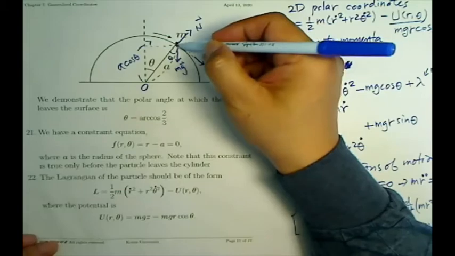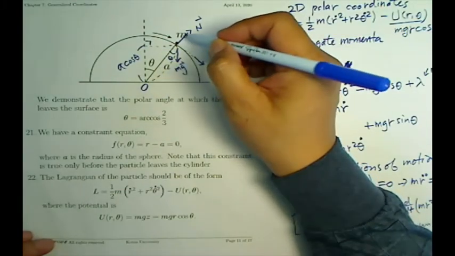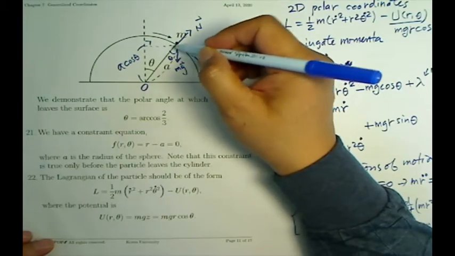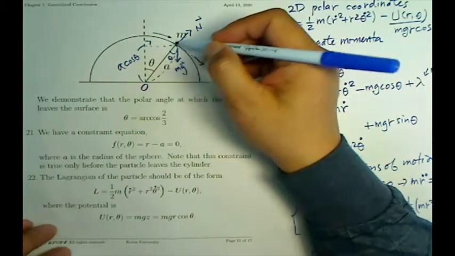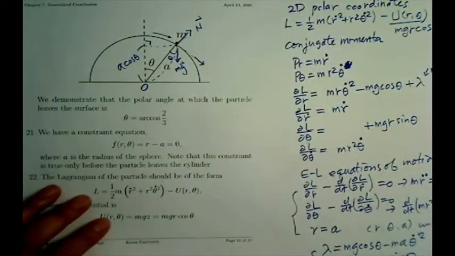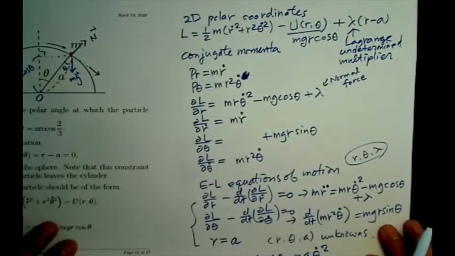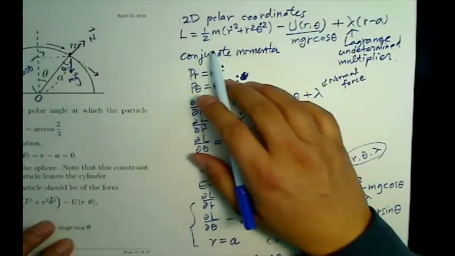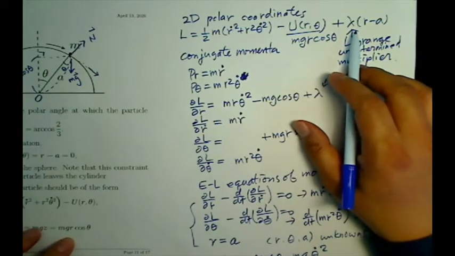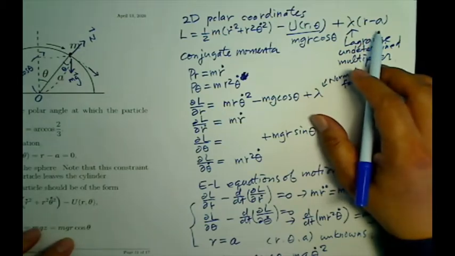This mg is the gravitational force, and the radial projection is cosine theta, and the direction is opposite to the radial direction. So the Lagrangian is now written in this form with Lagrange's undetermined multiplier lambda multiplied by the constraint r minus a.